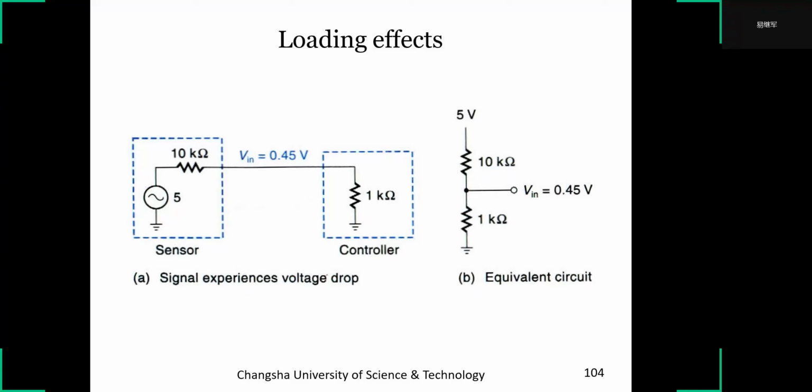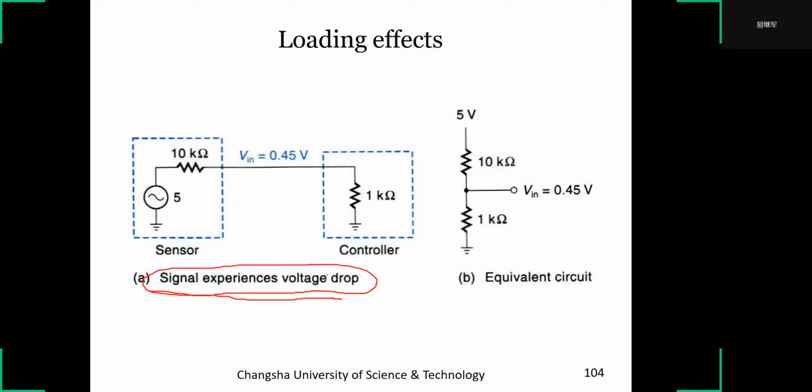Loading effect. When the signal is transferred along the wire, the voltage drops. The signal experiences a voltage drop.